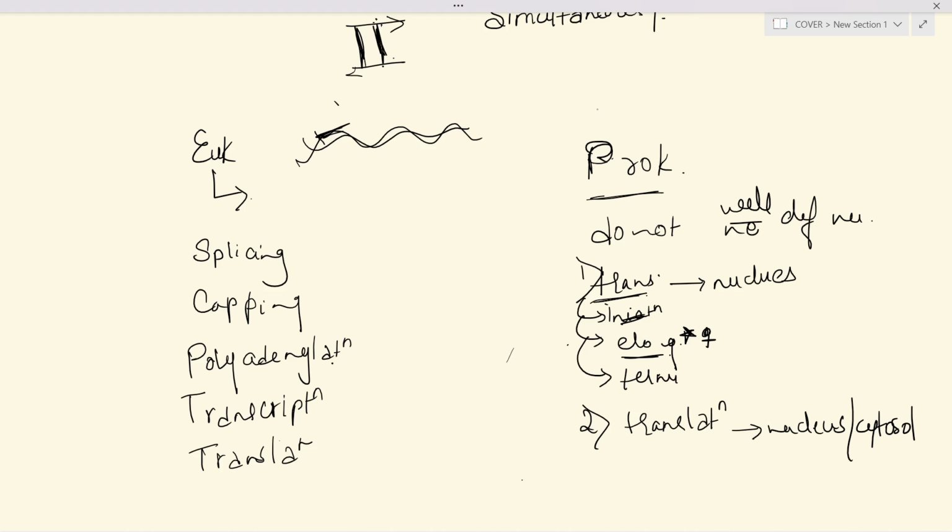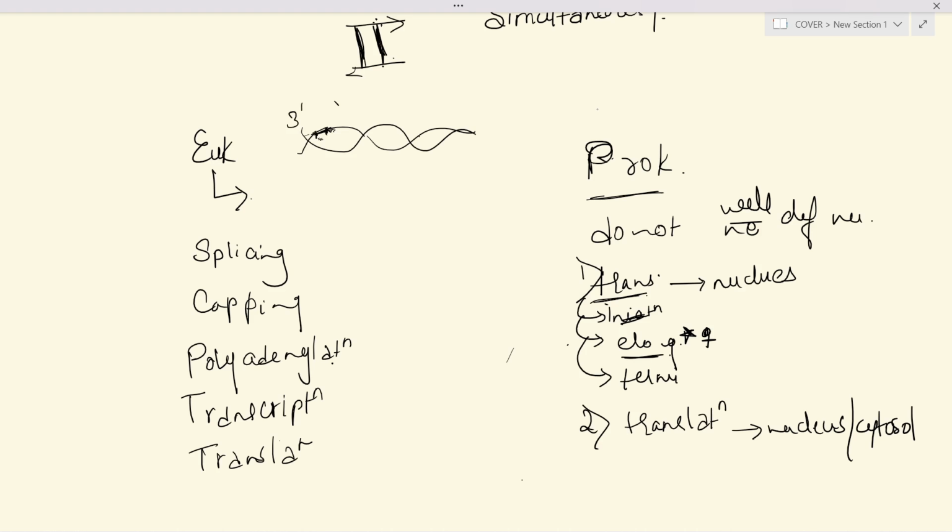Similarly, to join these 2 regions, this end and this end, DNA ligase is used, and it connects the ends. Similarly, the entire DNA part where transcription is taking place to form RNA is undergoing splicing to remove the interfering introns. After that, capping occurs.